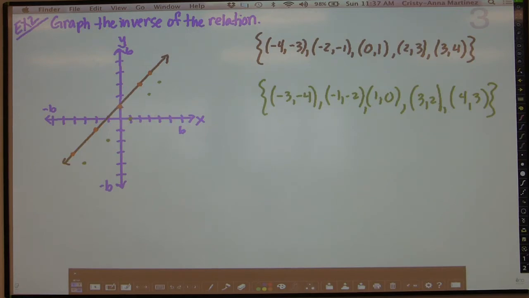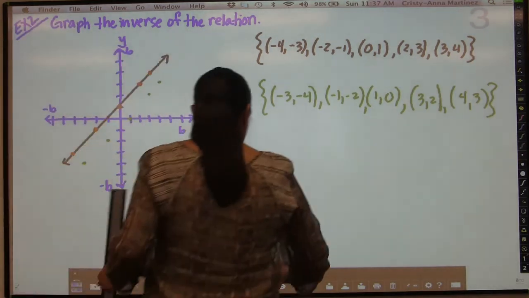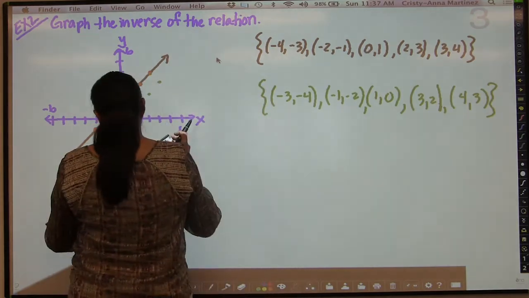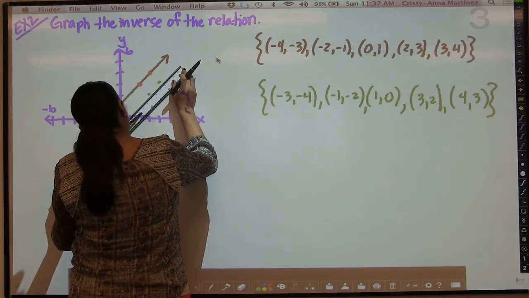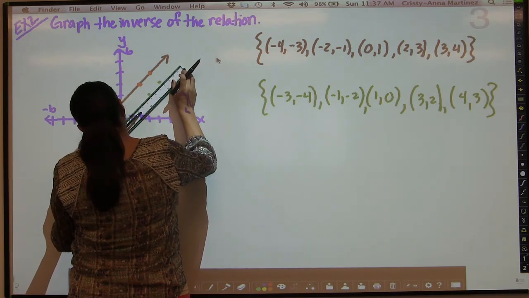And then I want to show you something that's actually pretty important when it comes to these graphs. Put together my points here.